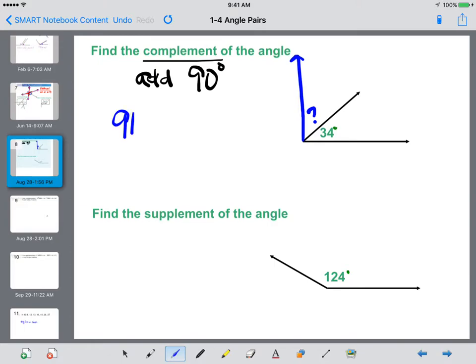Well, we would take 90 minus 34. I know that 90 minus 30 is 60. 60 minus 4 would be 56 degrees. So the complement would be 56 degrees.